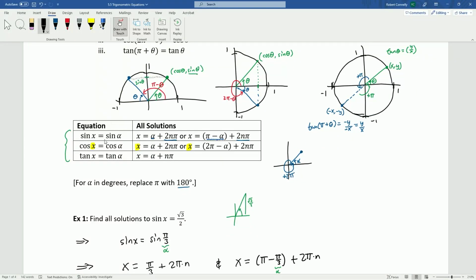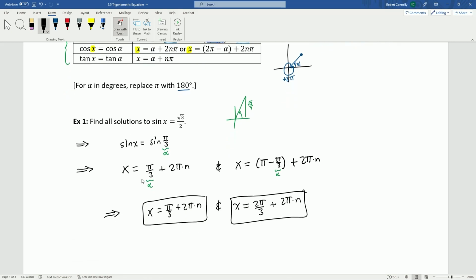Our goal is to write our equation in one of these three forms. Sine of x equals sine of alpha, cosine of x equals cosine of alpha, or tangent of x equals tangent of alpha. So if you've got secant, cosecant, or cotangent, then your strategy should just be to rewrite it in terms of your other trig functions.